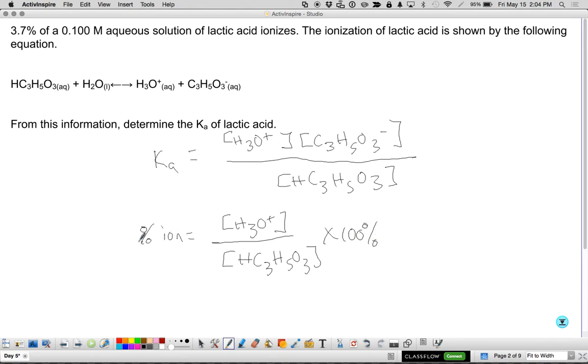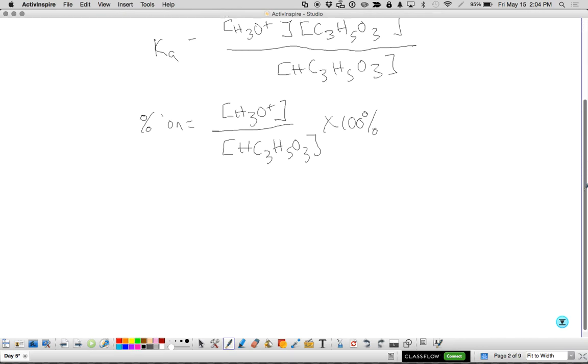Okay, so I'm given this information, and I'm also given this 0.100 molar, which is the concentration of lactic acid. So from that, I can find H3O+, which gets me somewhere. Okay, so I guess that's a decent place to start.